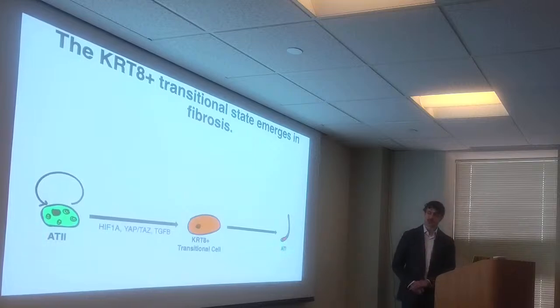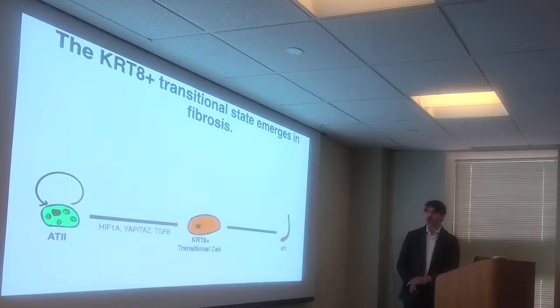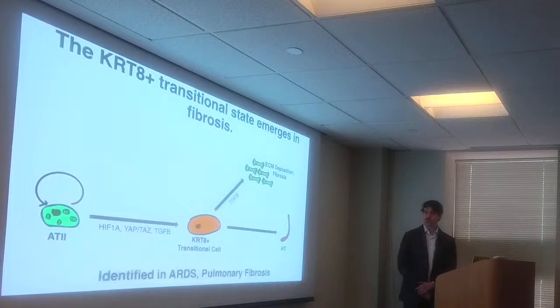However, in the context of fibrosis or repeated lung injury, this keratin 8 positive state gets stuck. And with repeated exposure to TGF-beta ultimately leads to extracellular matrix deposition and fibrosis.